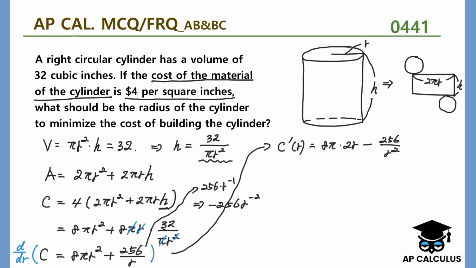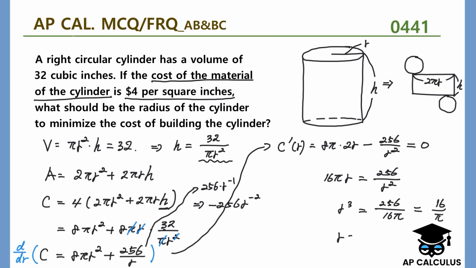So far so good. We're going to let this derivative of cost be equal to 0 and solve for r. So 16 pi r is equal to 256 over r squared. So r cubed is equal to 256 over 16 pi, and 256 over 16 is 16, so r cubed is 16 over pi.